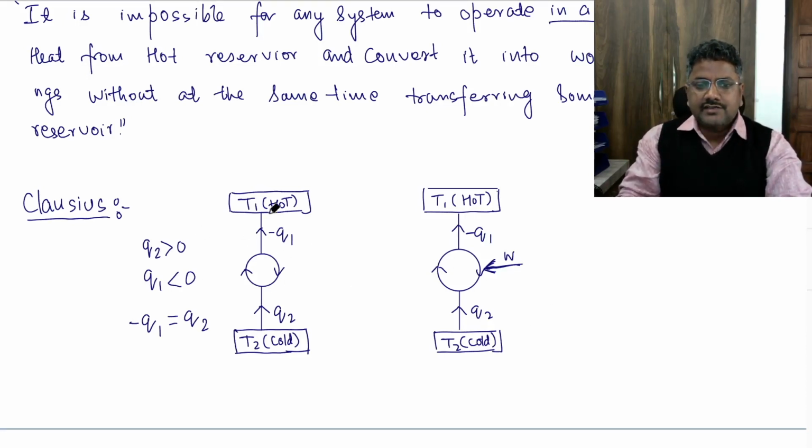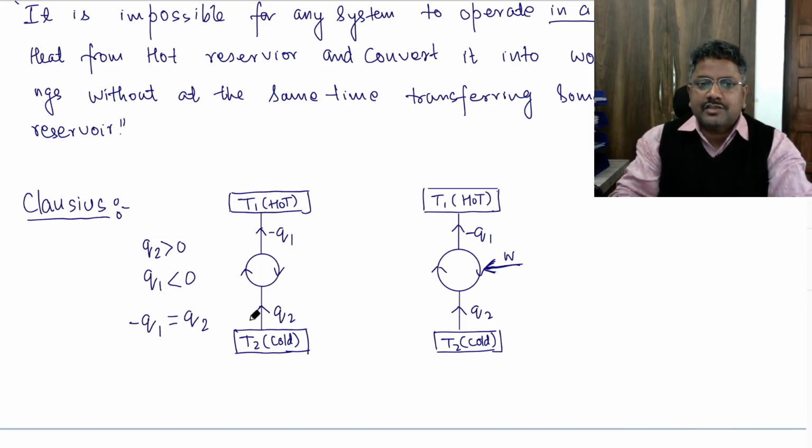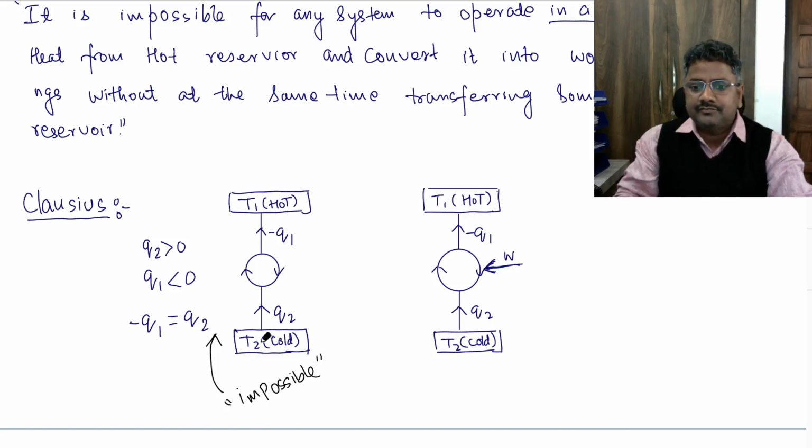What Clausius suggested is that if we take a hot reservoir and a cold reservoir, and take heat from the cold reservoir and directly transfer it to the hot reservoir, this type of system is impossible. You cannot take heat from a cold reservoir and transfer it to the hot reservoir without converting some work into heat.